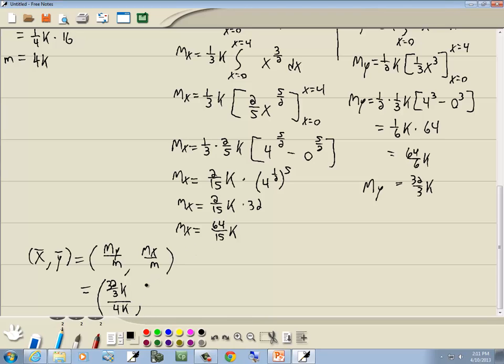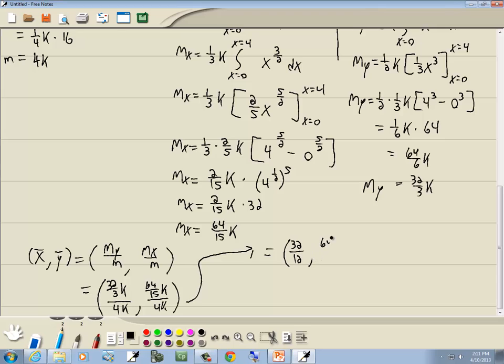And m sub x is 64 over 15 k, over 4k. The k's cancel, and then this 3 here goes down with this 4. When you have a single fraction up on top, you can take its denominator and put it with the other denominator. So that becomes 32 over 12, 3 times 4.